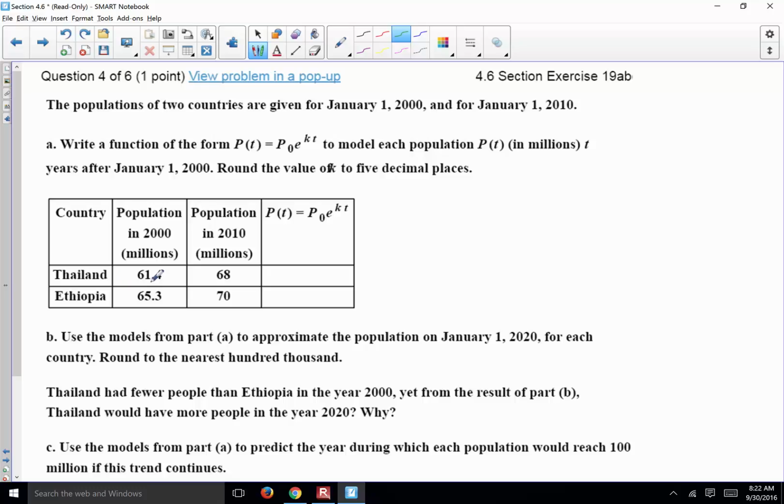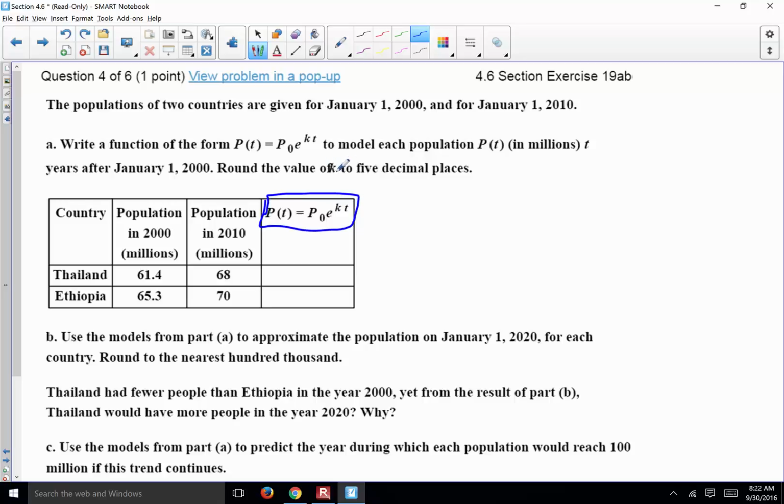Thailand grew from 61.4 to 68, and Ethiopia from 65.3 to 70. And population is again growing, as you see. So we have a growing model, initial P0 e^(kt). K is going to be positive.